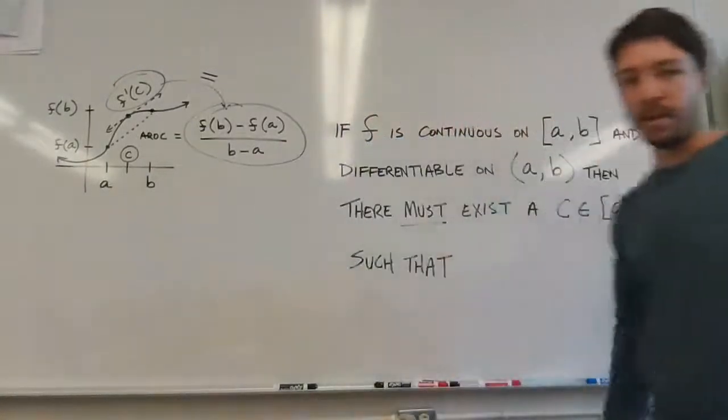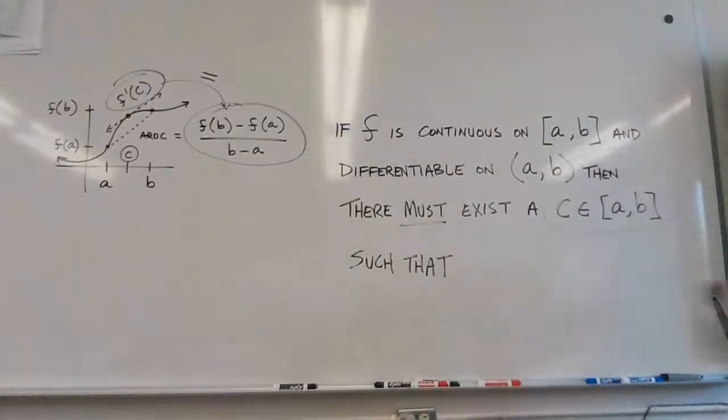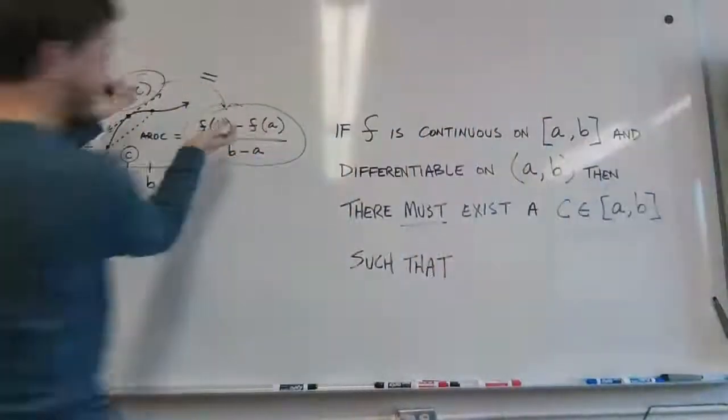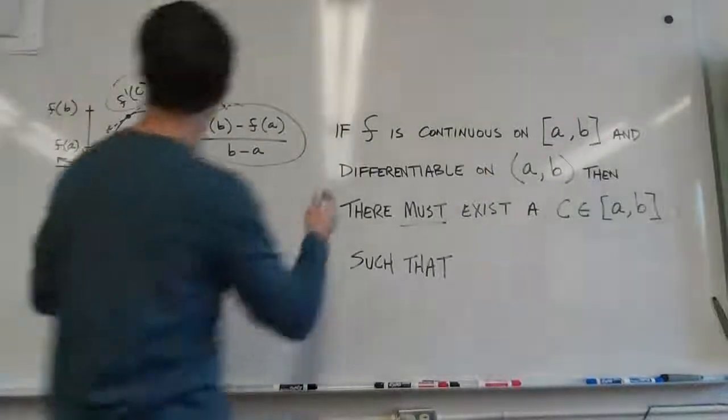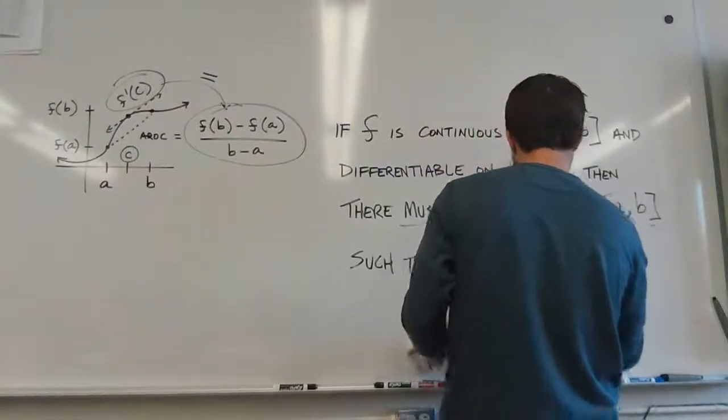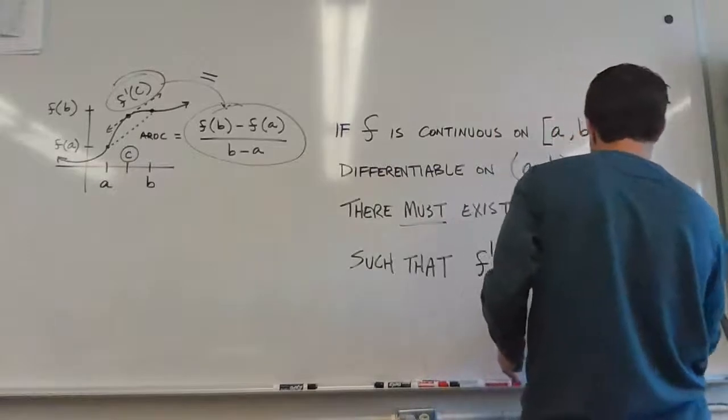Here you can ask yourself if you've understood things right now. What's the last thing that I'm going to write? f prime of c is equal to the average rate of change. Yes. Such that f prime of c is equal to the average rate of change.